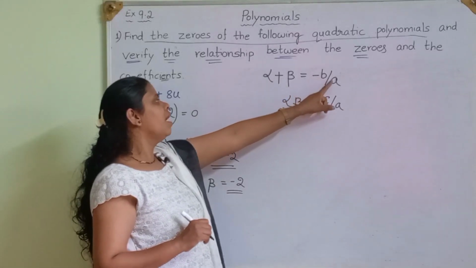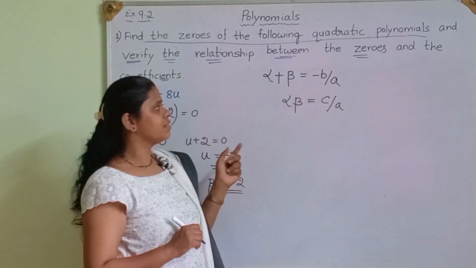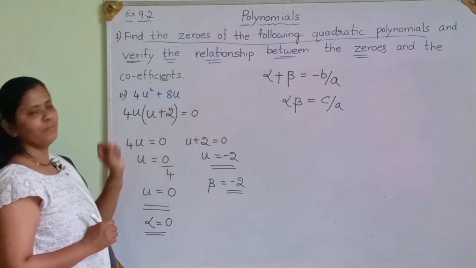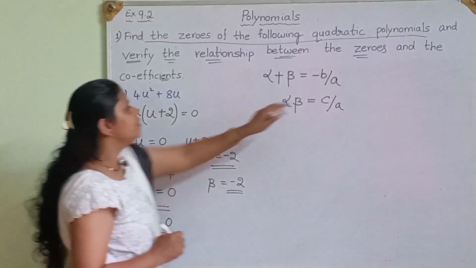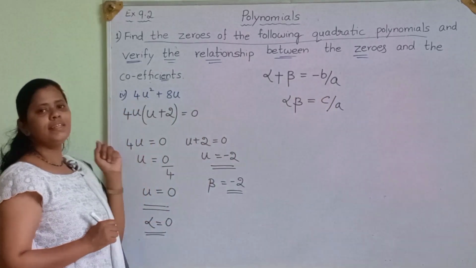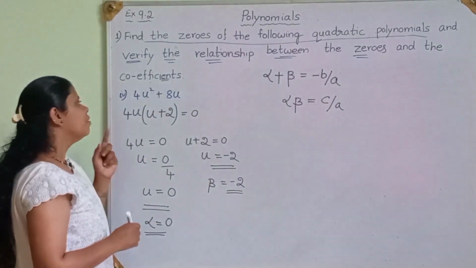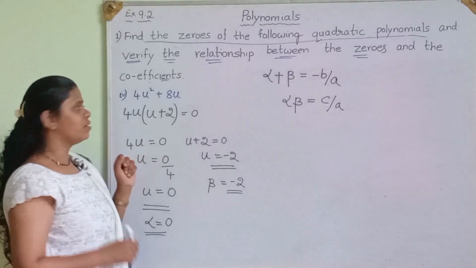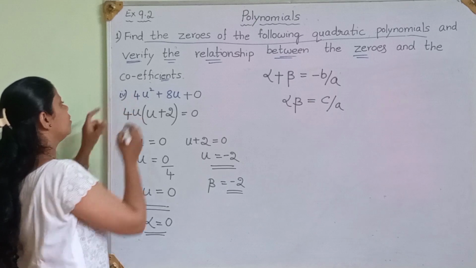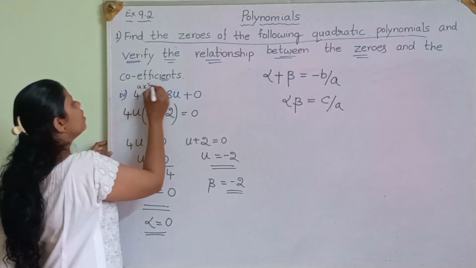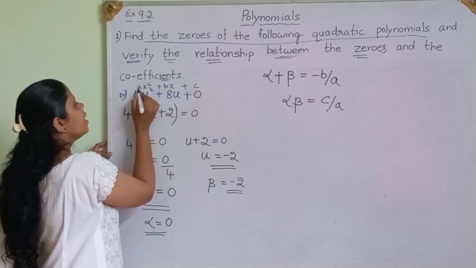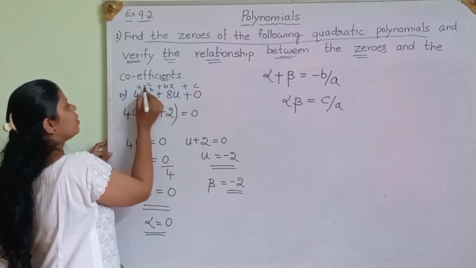Now, b, a, c. What are these? b is the coefficient of u, and a is the coefficient of u². c is the constant, but the constant term is not given, so let us write +0. It is in the form of ax² + bx + c, where a is the coefficient of x².